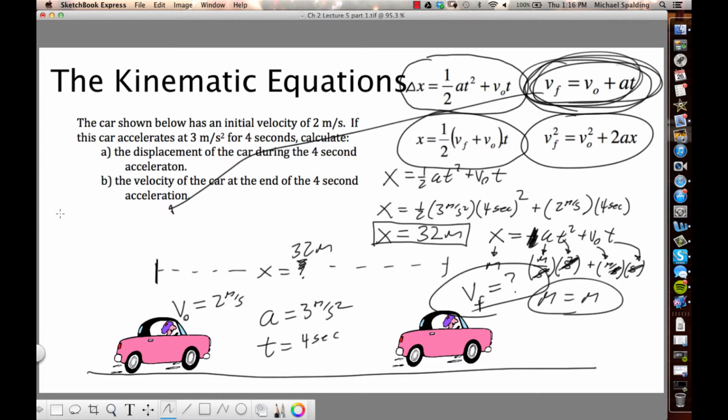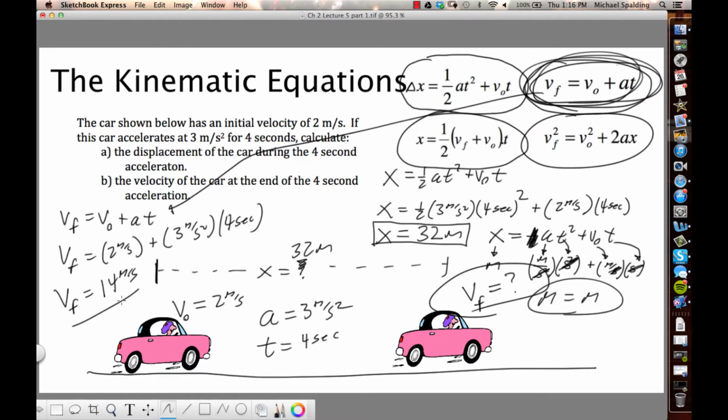So v final equals v initial plus at. V initial is 2, the acceleration was 3, and the time is 4. So this comes out as 14 meters per second. The final velocity is 14 meters per second.